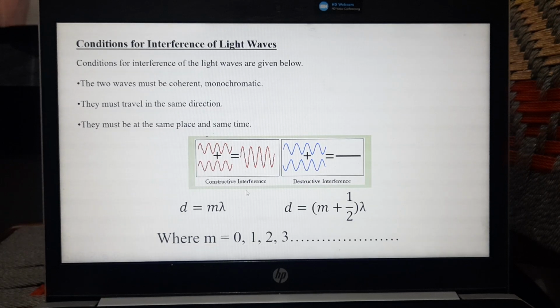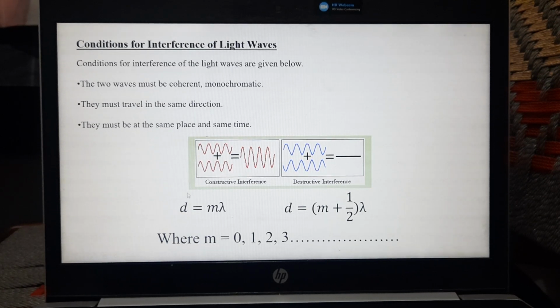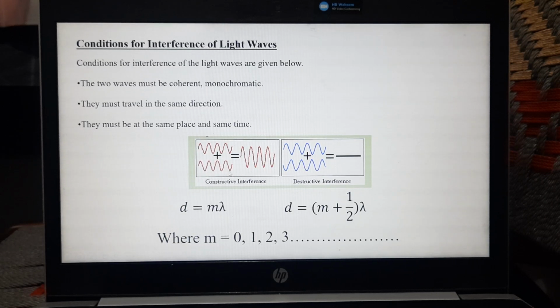Additionally, if the two waves are in phase and they have the path difference, d is the path difference. If they have the path difference either 0 or 1 wavelength or 2 wavelength, it means the integral multiple of the wavelength, then the resultant interference pattern will be the constructive one.